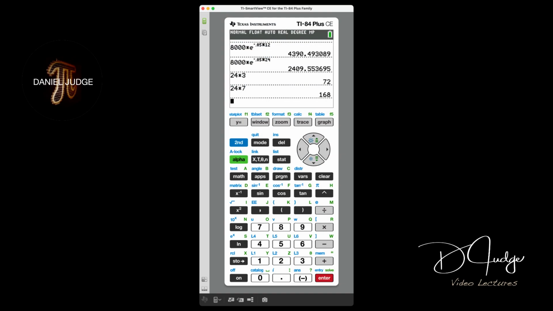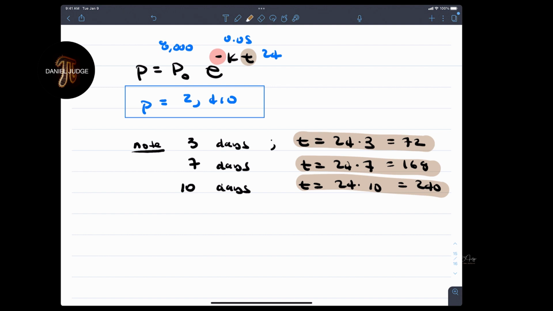So if I go to the TI, 8,000 times e to the negative 0.05 times... now this is the 3-day, that's 72 hours here. I'm doing that 3-day, and then we'll do the 7 days and the 10 days.